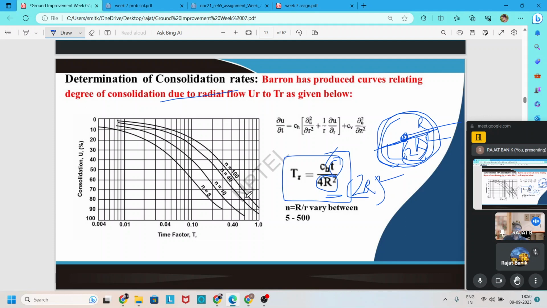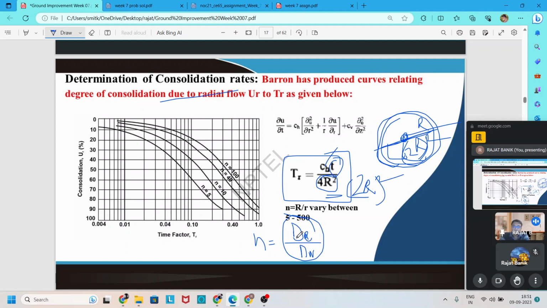After finding the time factor for radial drainage, we find n, which is a constant. n is very simple: it is the ratio of the diameter of the influence equivalent circle divided by the diameter of the sand drain. In this way we find one parameter, n, and for each n we construct a curve, with the range of n from 5 to 100.